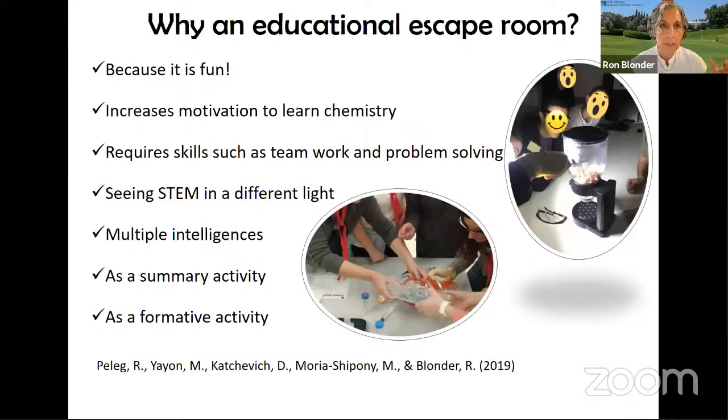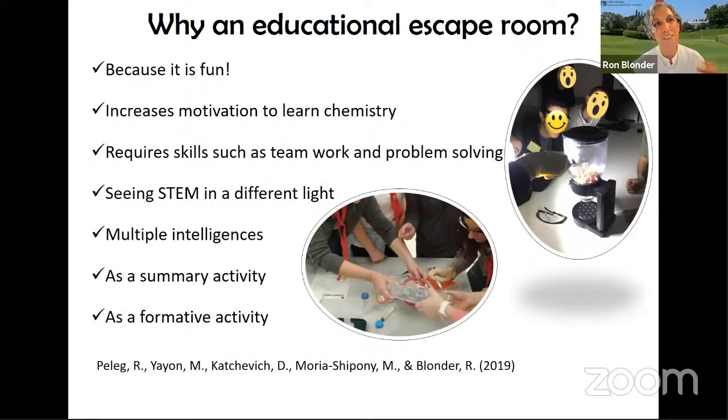So why do it? You see, it's a lot of effort. If you have experienced an escape room, you know it is really fun, and we want to take this fun feeling to formal chemistry education. When students participate in an escape room activity, it increases their motivation to learn chemistry.